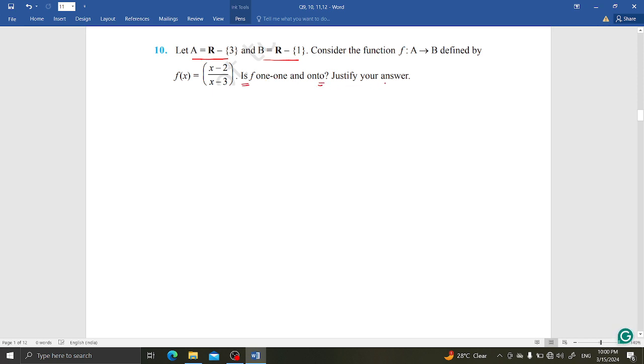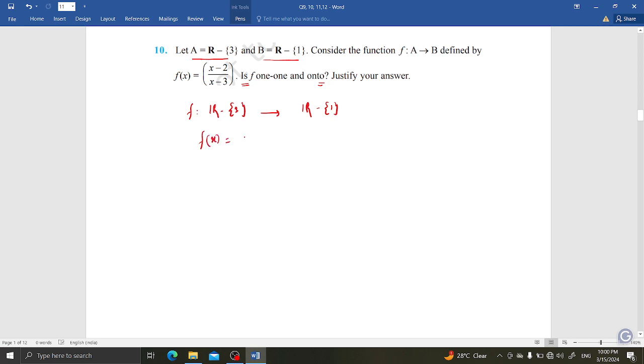We need to check and justify your answer. First I will check one-one and then I will check onto. Instead of writing A and B, I'll write the function from R minus 3 to R minus 1. Clear? So how is the function defined?